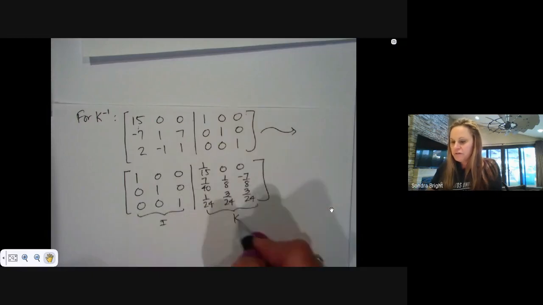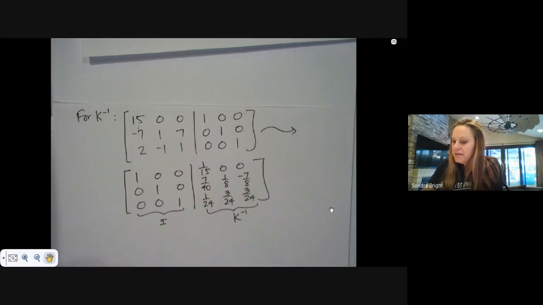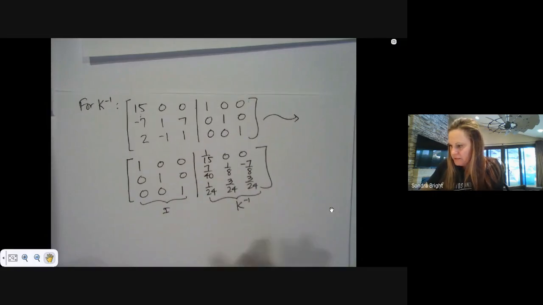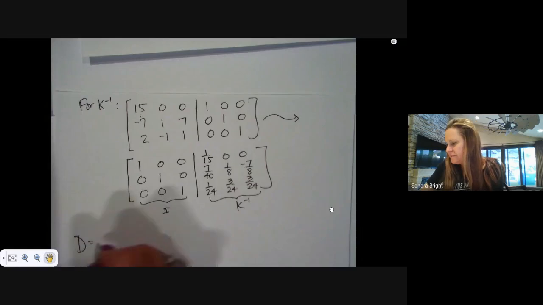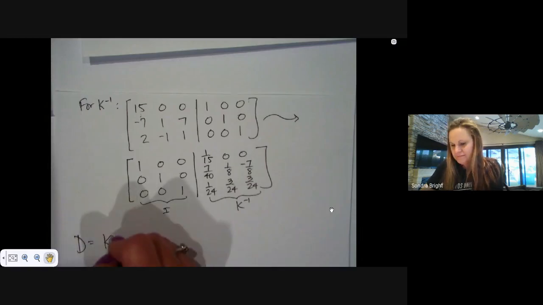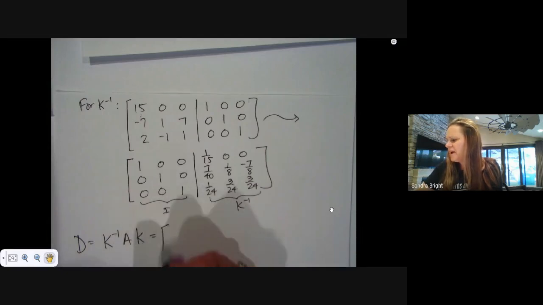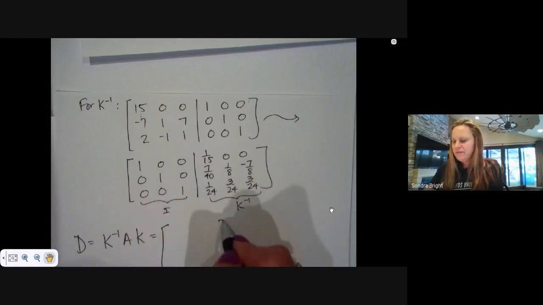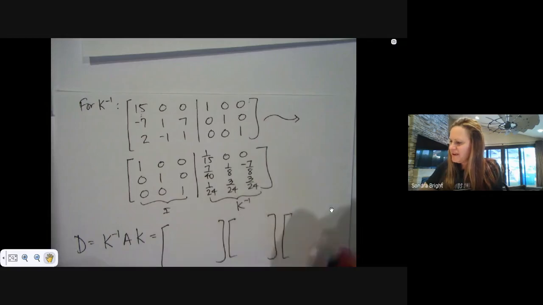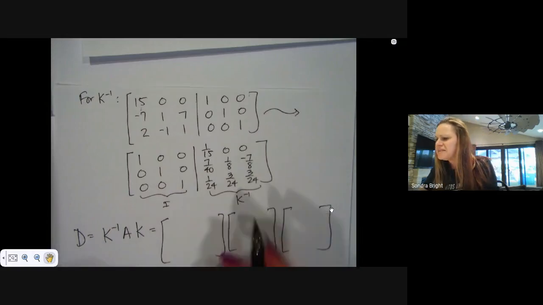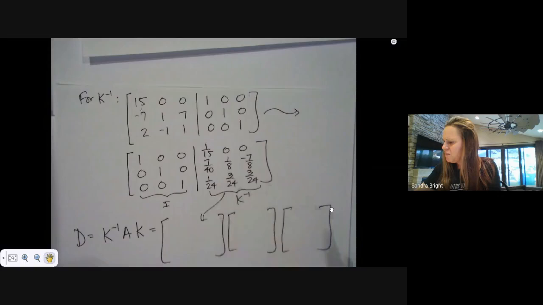And if you were to go through K inverse times A times K, right? K inverse would go here and your A was 0, 3, 7, and 1, 1, -3.